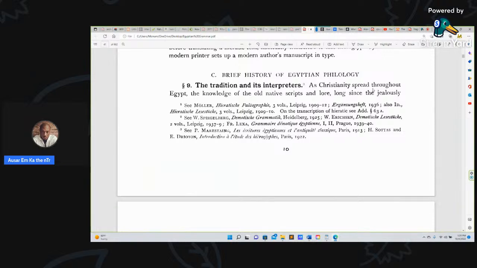As Christianity spread throughout Egypt, the knowledge of the old native scripts and lore, long since the jealousy, blah, blah, blah, blah. We'll get to that probably tomorrow. C. Moeller, Heinrich, Paleography, 3 volumes from Leipzig.